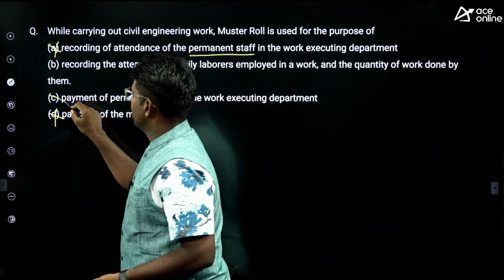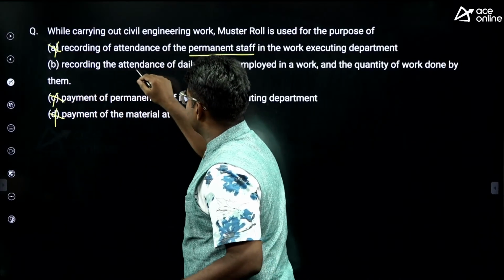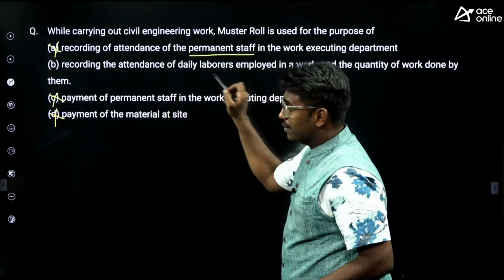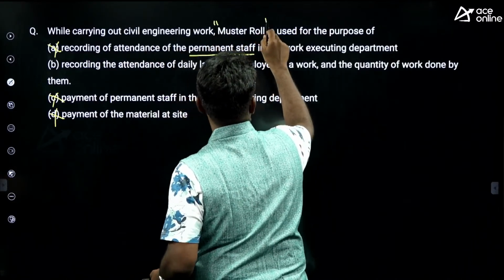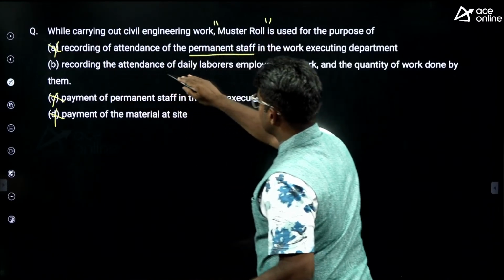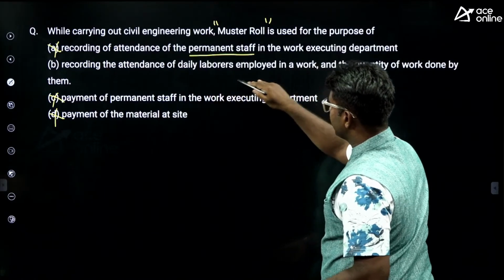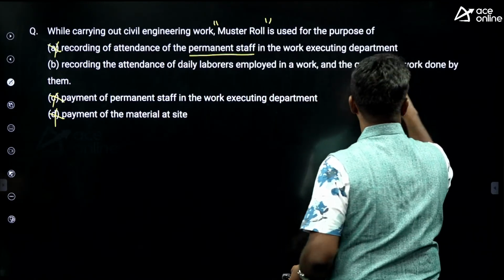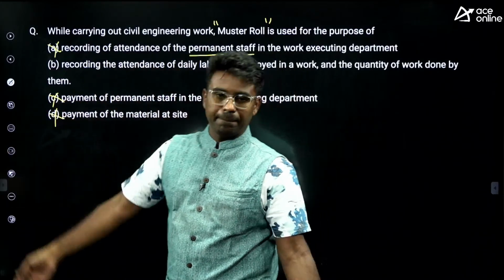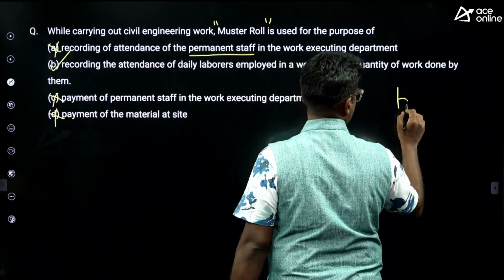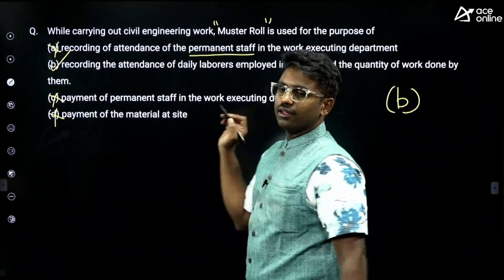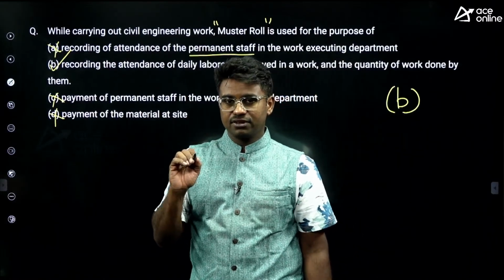No. The only option is recording the attendance of daily labor. Okay. Muster roll is used for recording the attendance of daily labor employed in the work and quantity of work done by them. That is the answer.